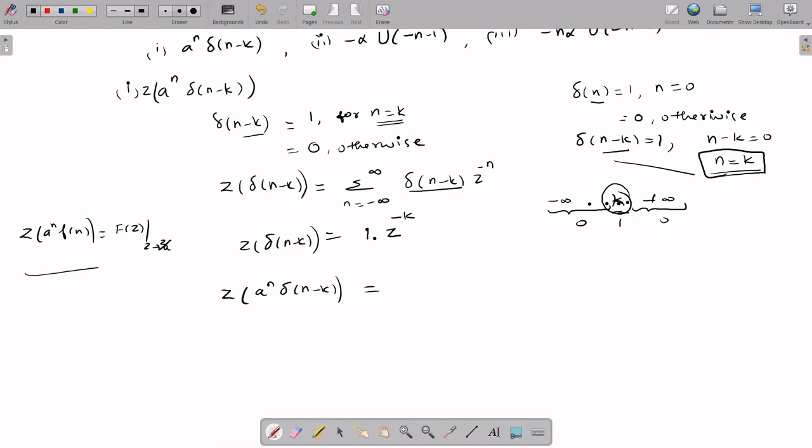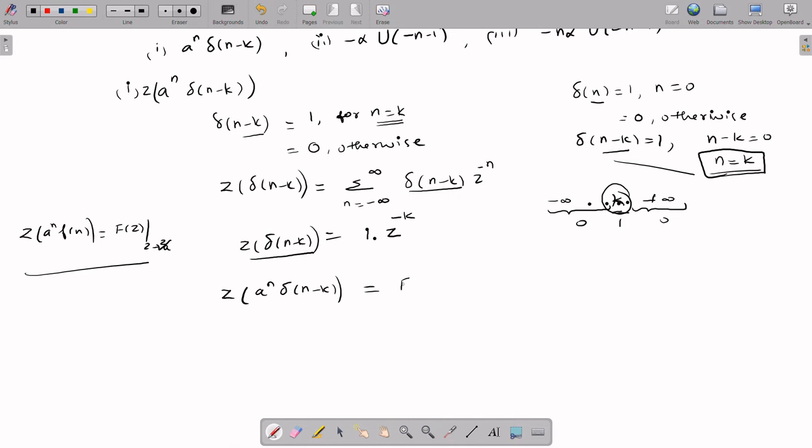The z transform of a power n delta of n minus k is equal to the transform of that function, where f of z is the z transform of delta of n minus k.